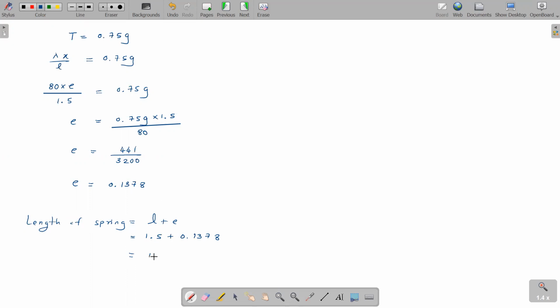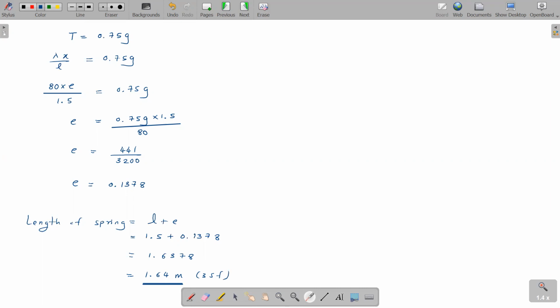So when you correct to 3 significant figures, we get 1.64 meters. So that's the answer correct to 3 significant figures.